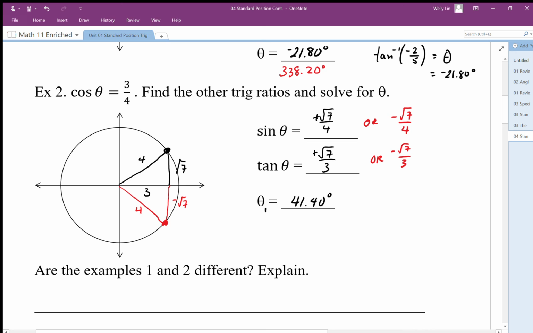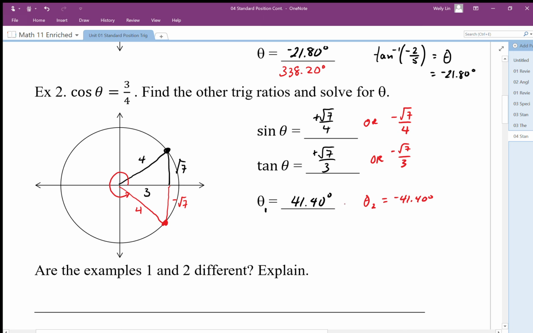But using symmetry, I can work out the red position of this. The red position, I'm going to call that theta 2, and that could be negative 41.40 degrees.